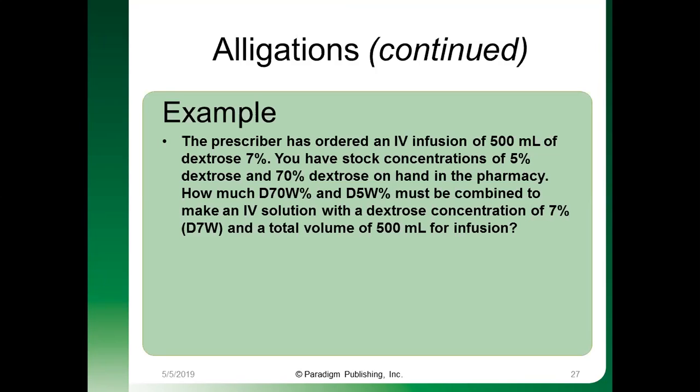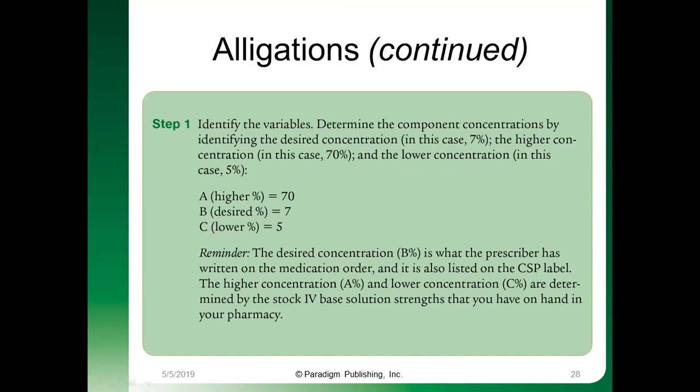How much D70W and D5W must be combined to make an IV solution with a dextrose concentration of 7%, or D7W, and a total volume of 500 mL for infusion? So again, you want the desired concentration to be 7%. In the pharmacy, you have 5% and 70%, and you want a total volume of 500. Those are the key elements that you need in this alligation method.